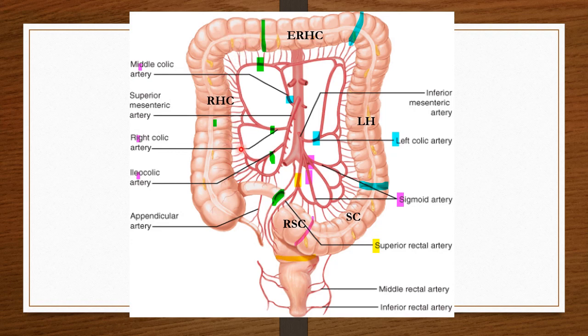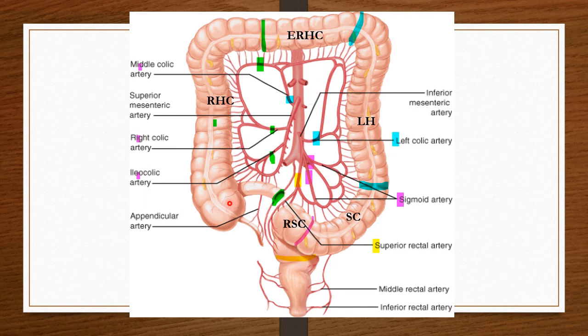And the vessels that are ligated in this right hemicolectomy will be the ileocolic artery here, the right colic artery, and the middle colic artery, the right branch. Next, we come to the extended right hemicolectomy, where the resection is extended to the splenic flexure of the transverse colon.